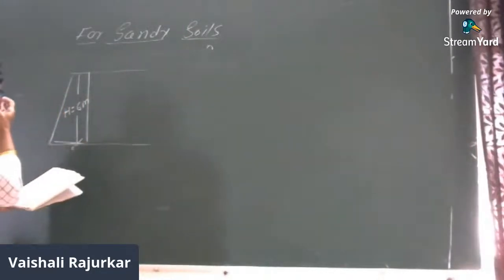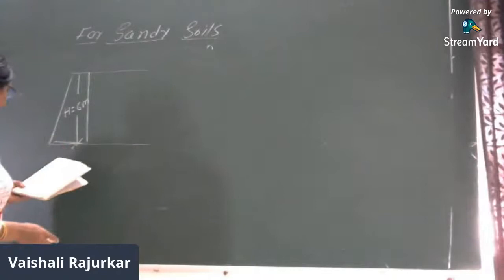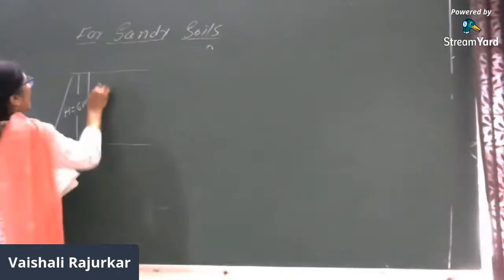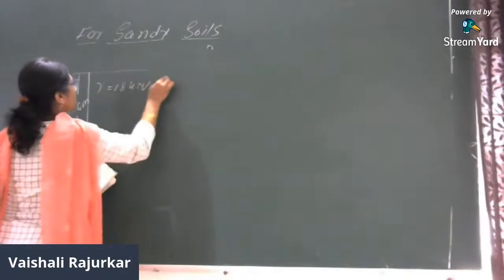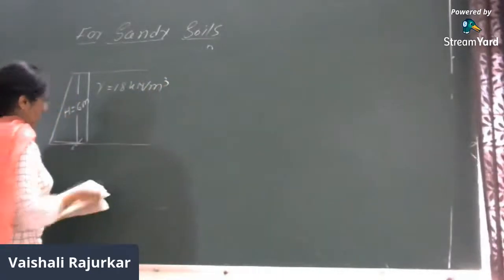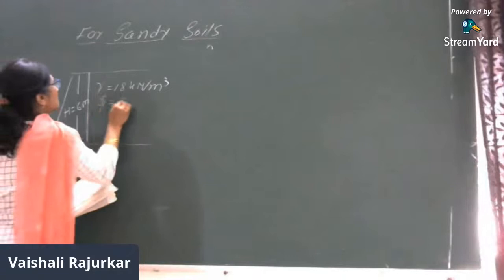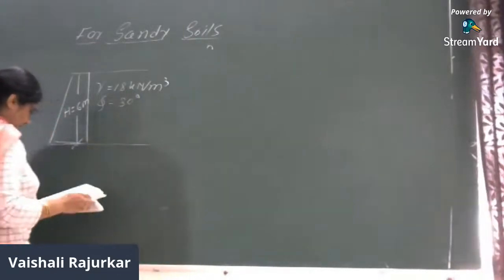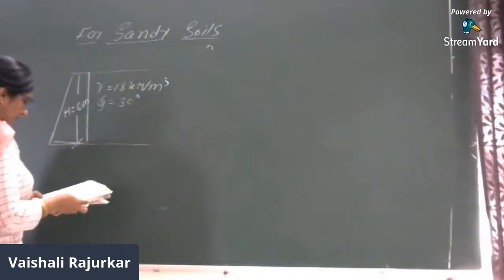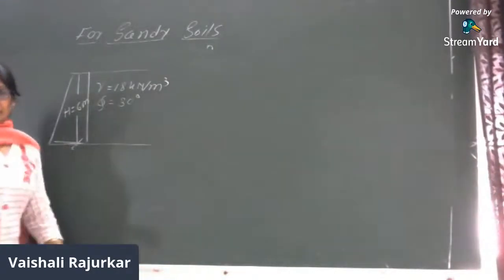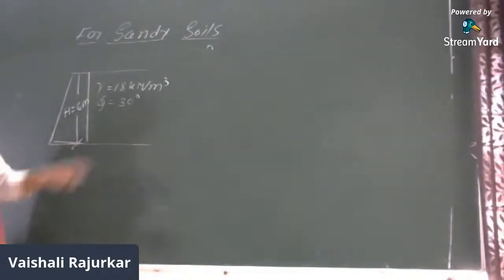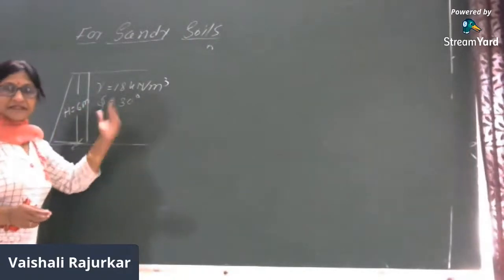Then it retains a dry homogeneous backfill of gamma is 18 kilonewton per meter cube. Then phi is again assumed as 30 degree. And here you have to determine the pressures without any surcharge and with surcharge.